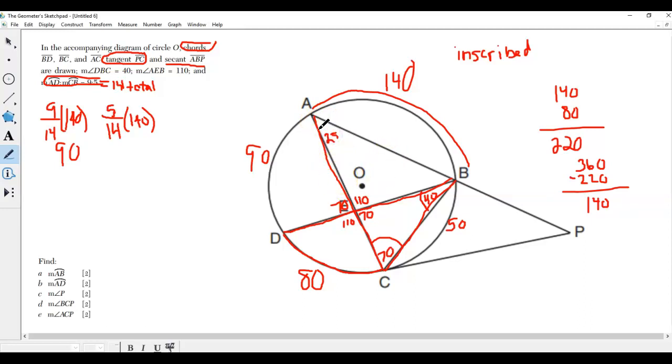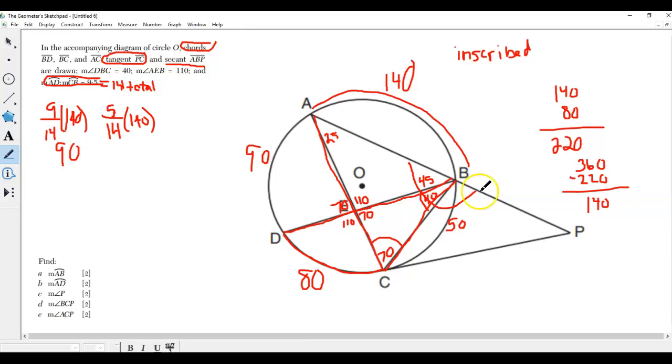Inscribed angles are always half. Now let's keep going with background knowledge. All of those angles have to add to 180. Those are angles on a line. So I subtract 45 and 40 from 180. All I've actually used so far is inscribed angles. That's been my go-to.